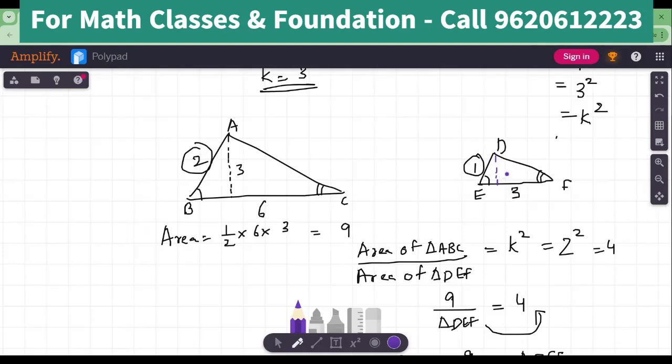Now, what is the application of this? Let's say we have a very large stadium and we want to find the area of that stadium because we want to floor it with cement or something like that. Can I sit and count and measure all of that? No. Instead, let's say this is my playground, the big stadium.